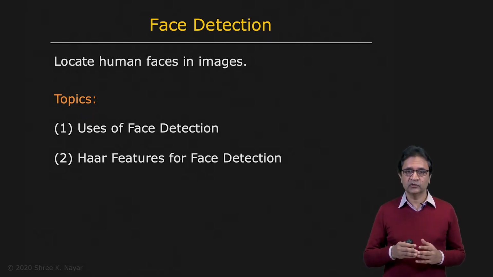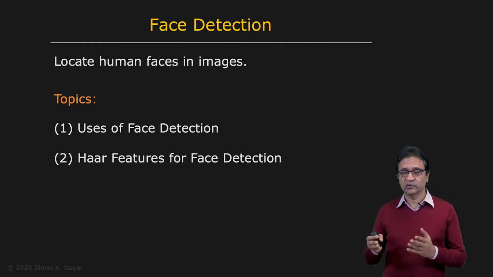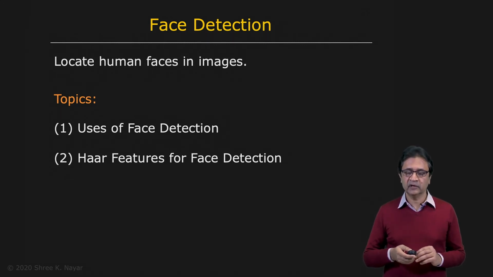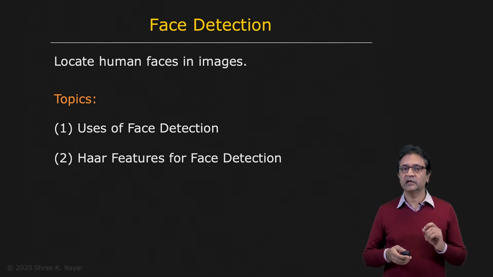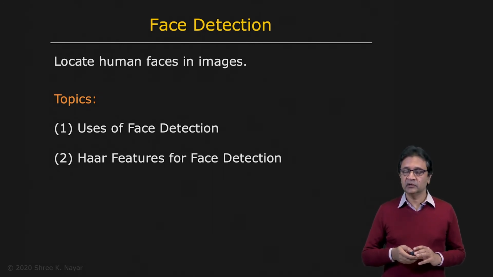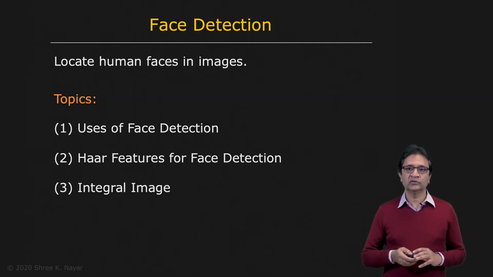Haar features are computed using Haar filters, which are based on Haar wavelets or the square function. In addition to being very effective, they're also very, very efficient to compute. And something that makes them particularly efficient is the use of a representation called the integral image.